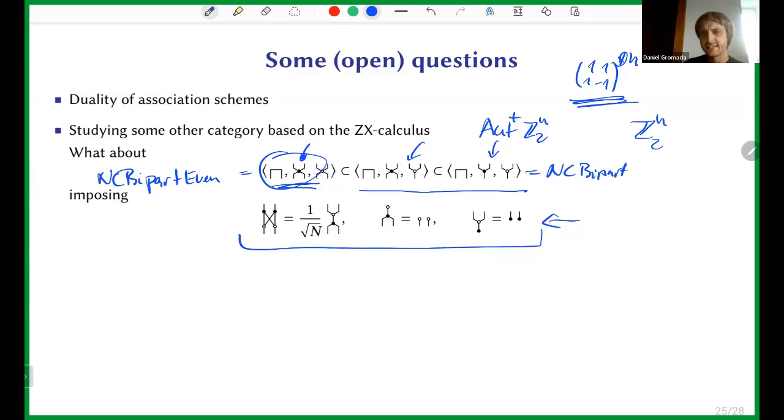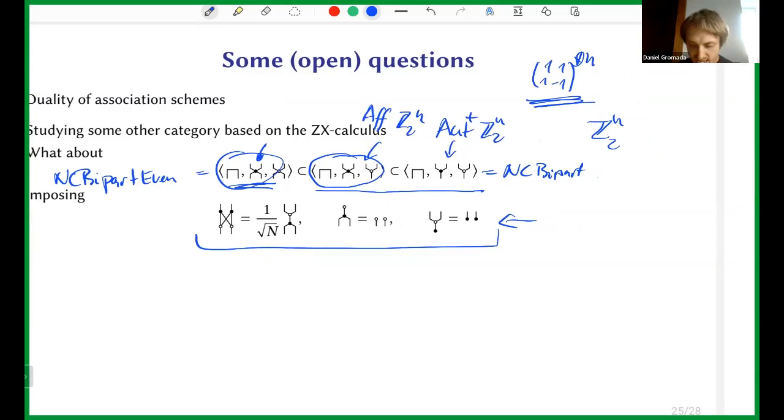But it is not that hard to find out that this is actually classical using this thing. But what about this? Does this contain the crossing or not? That's an interesting question, I think. And this would correspond to some affine transformations on this Z2 power n. So this is also what I find interesting. And maybe you could also construct some graph whose quantum symmetries this is. So this is what I find interesting as well.